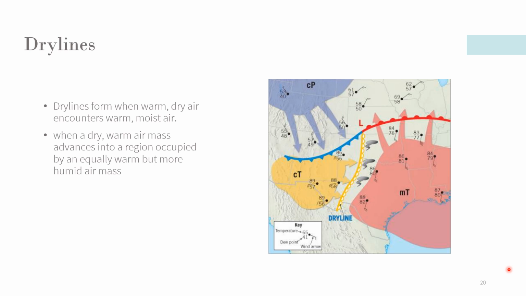So this is where dry lines most often develop and occur. Dry lines are also spring and summer phenomena, most often generating a band of severe thunderstorms along a line extending from Texas to Nebraska that moves eastward across the Great Plains.